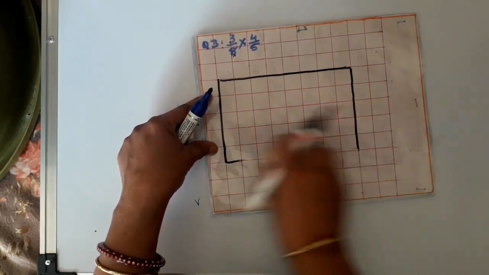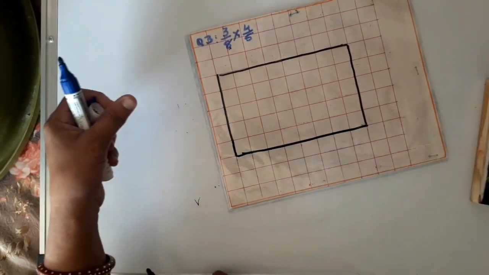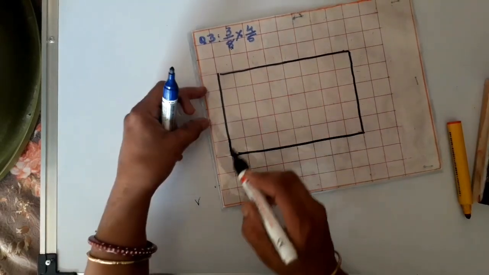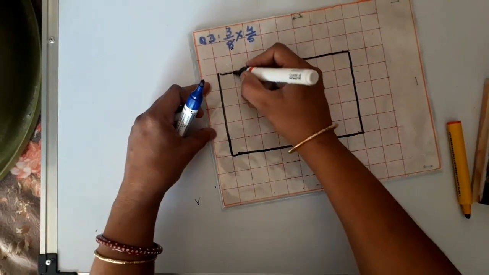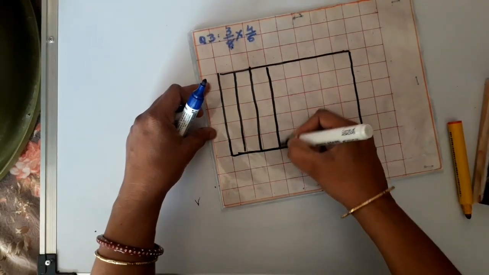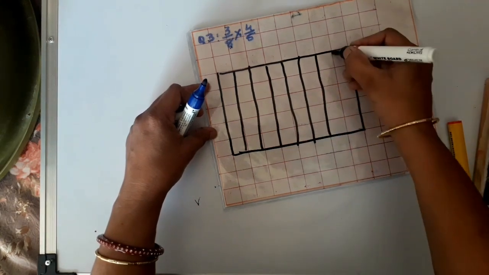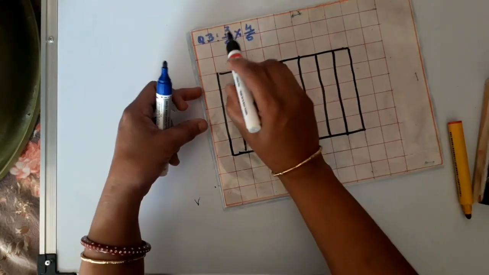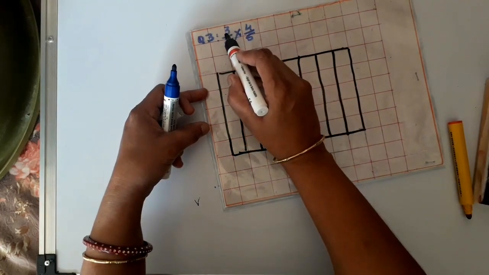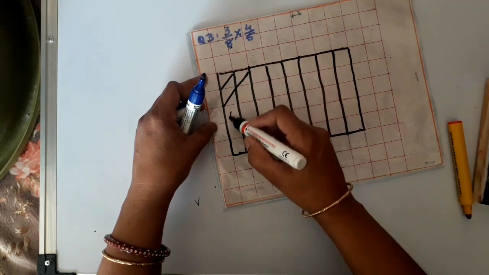Now to represent the first fraction, I have to divide this rectangle into 8 equal parts. 8 equal parts, I can make it like this: 1, 2, 3, 4, 5, 6, 7 and 8. Out of these 8 equal parts, I have to take into consideration 3 parts. So 3 parts I will color.